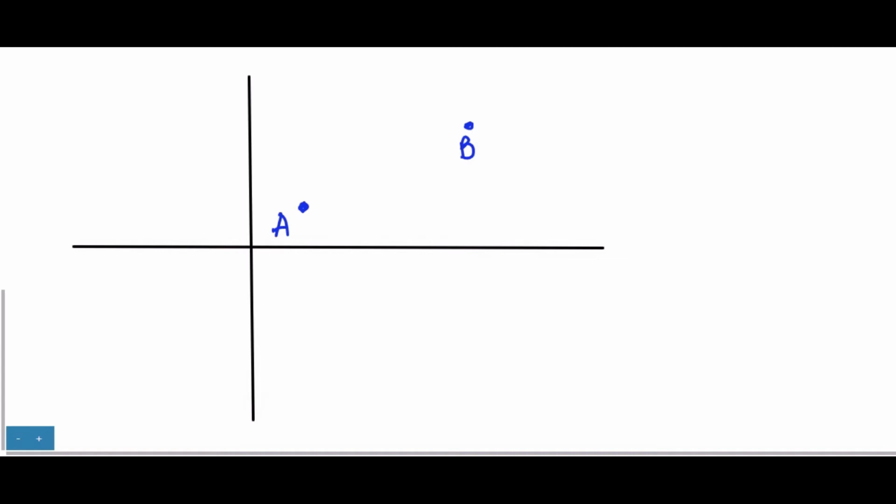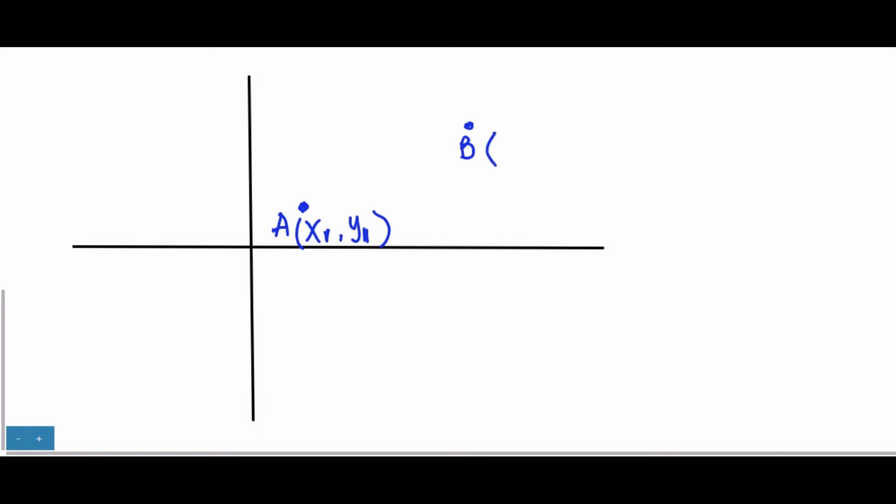And since these are just arbitrary, we will just be representing arbitrary coordinates for these points. So for point A, let's assume the coordinates are represented as x sub 1, y sub 1, to mean that these two coordinates belong to the same point.